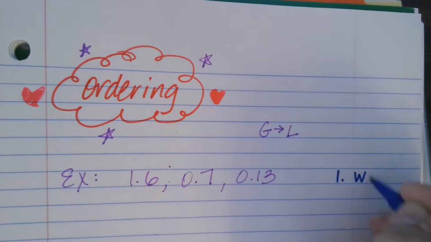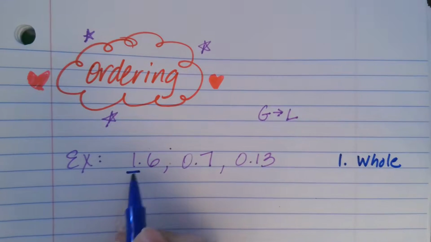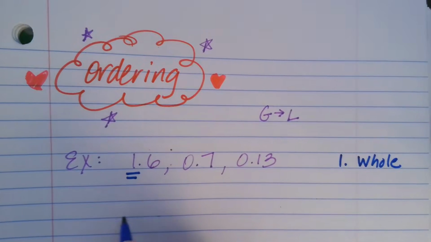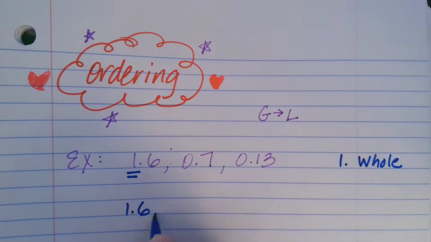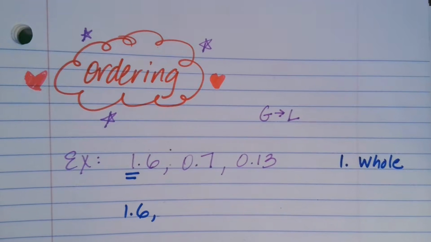We're going to look for whole numbers. This is the only decimal with a whole number, so it goes first. I'm going to write 1.6. We're going to go through the whole numbers and organize the greatest to the least by the size of the whole numbers.